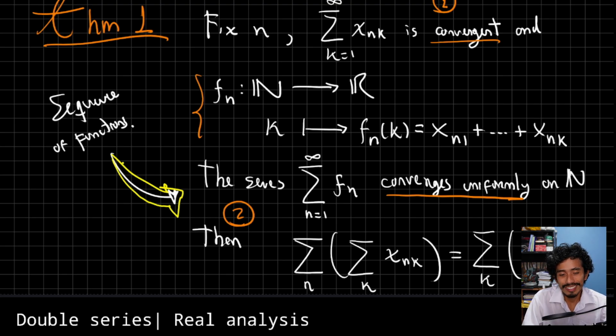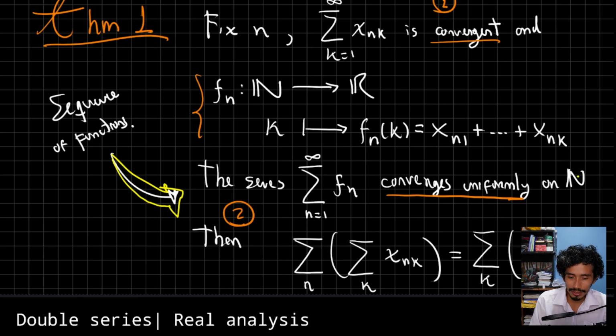What does it mean that some series converges uniformly? Moreover, that series is a finite summation. So what's happening here?